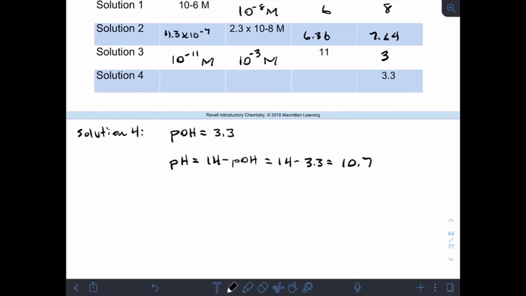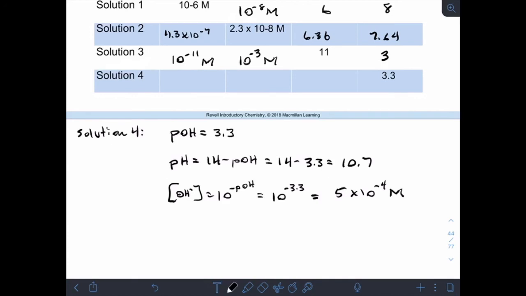Okay, and then just like we did in the previous problem, if I want to know the OH minus concentration, it is 10 to the negative pOH. In this case, 10 to the negative 3.3. It's going to equal 5 times 10 to the minus 4.